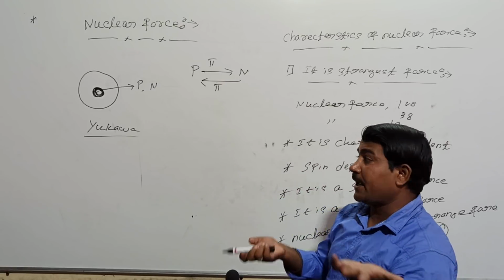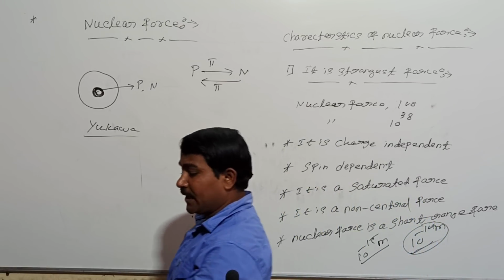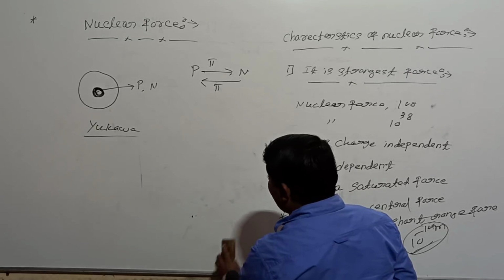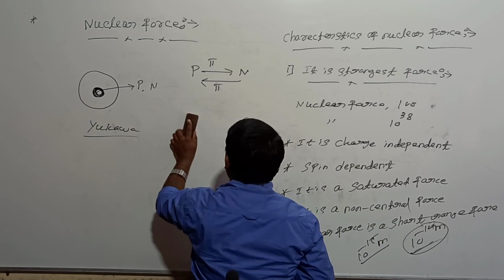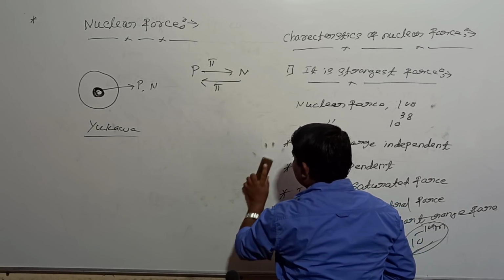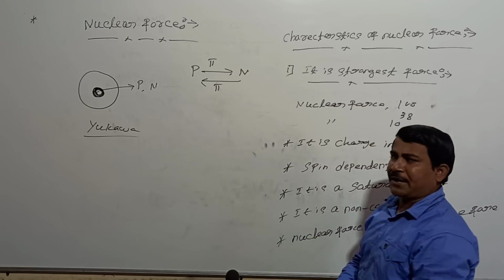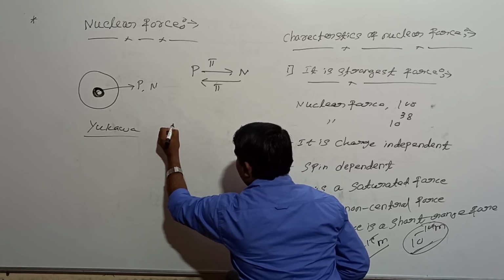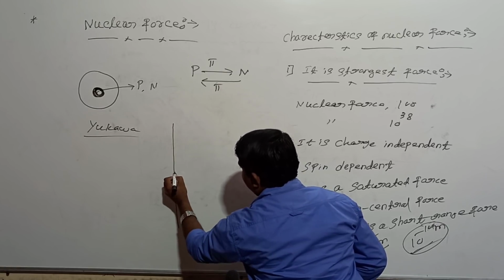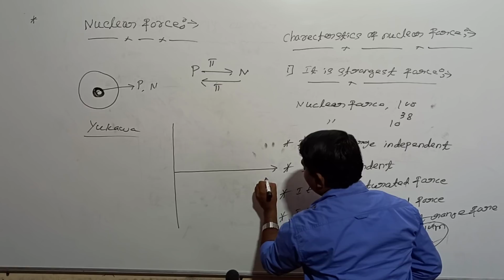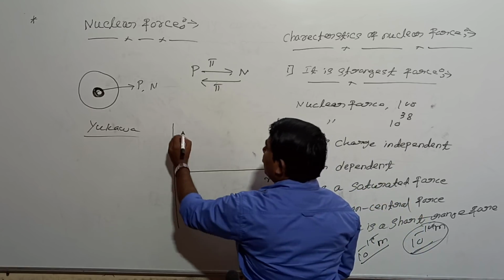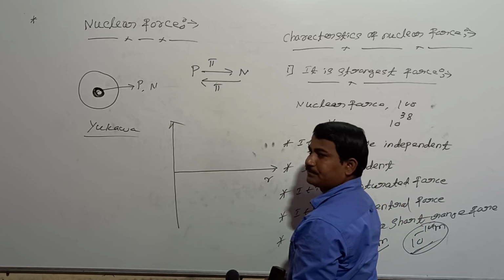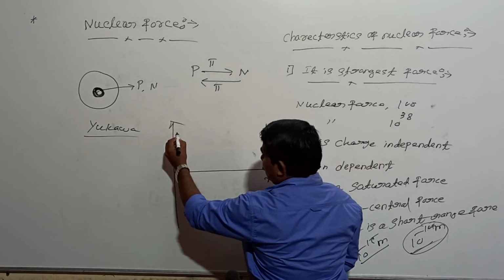Graphically and experimentally, how to show it? Experimentally, the nuclear force changes as a function of distance. What we said: nuclear force may be repulsive, it may be attractive. See here how it will change. I will take the distance along the x-axis and the force along the y-axis.